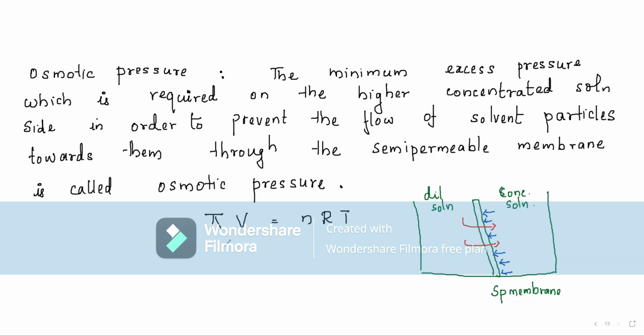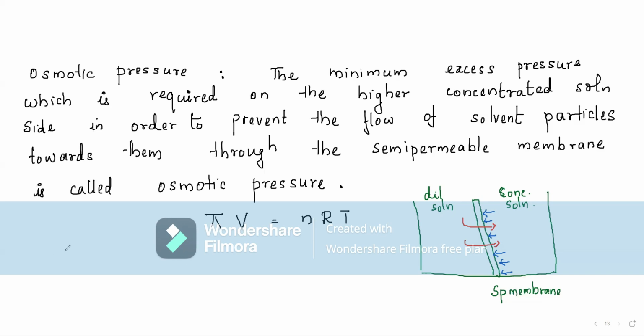Therefore, instead of PV = nRT, we consider it as πV = nRT, where π is osmotic pressure, V is volume, n is number of moles, R is the ideal gas constant, the universal gas constant, and T is the temperature of the solution in Kelvin scale.